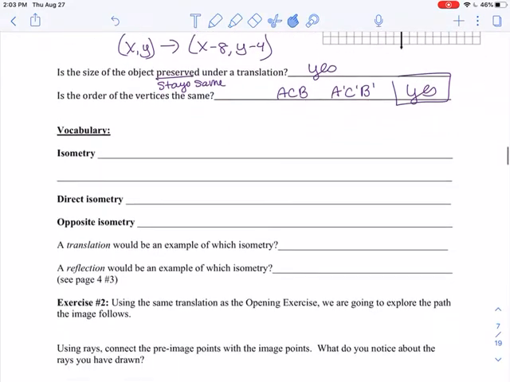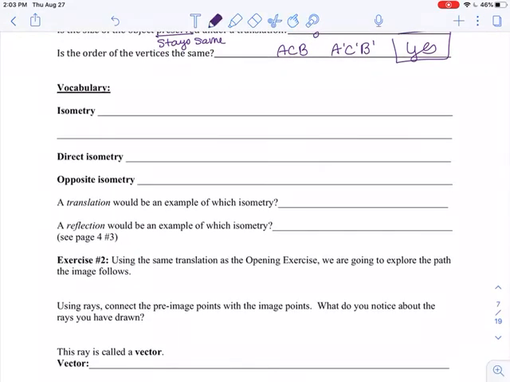All right, a little bit of vocabulary. First word that we have is isometry. An isometry is a transformation that does not change in size. It includes all of our rigid motions.